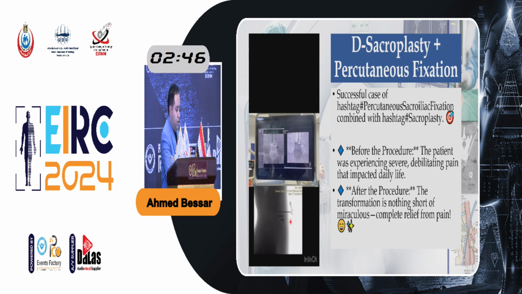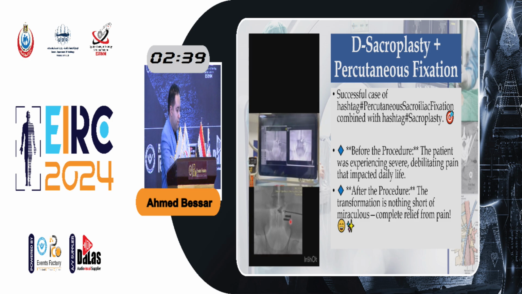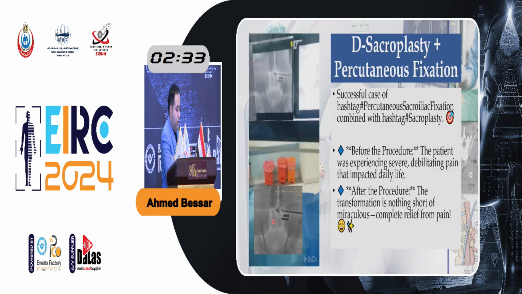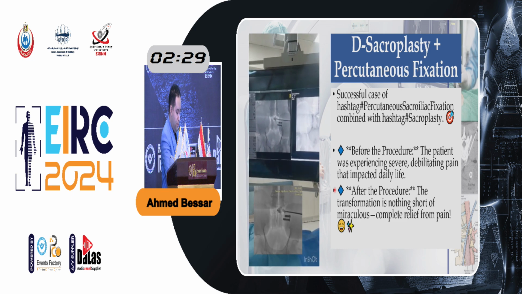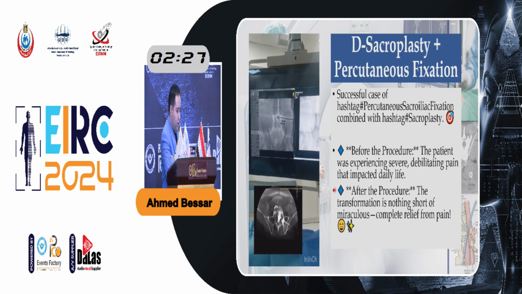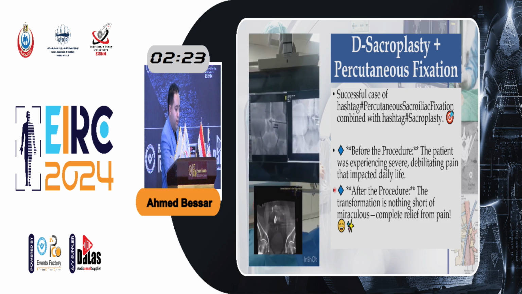We can wait to see the CT after image. Concentrated cement, no escape to posterior canal. And this is a cone beam CT with good concentration and good positioning of the needle after that.